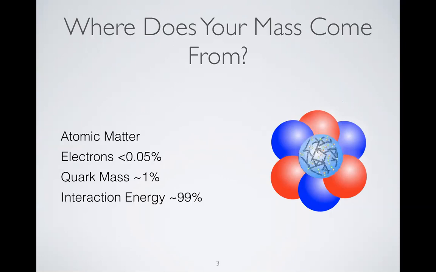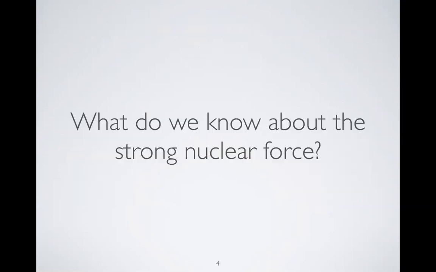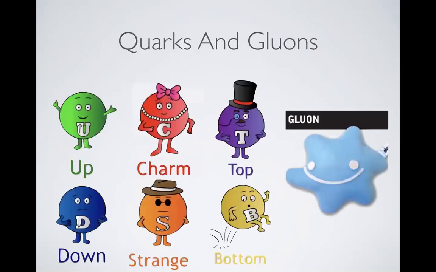But even going beyond that it's much messier, and the interaction energy, which we can think of as gluons spontaneously turning into quark anti-quark pairs throughout, you can kind of see in the picture. That's the interaction energy, and that accounts for about 99% of all mass of ordinary atomic matter. Okay, so what do we know about the strong nuclear force?